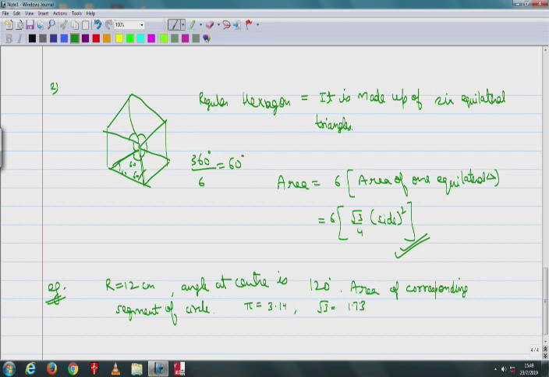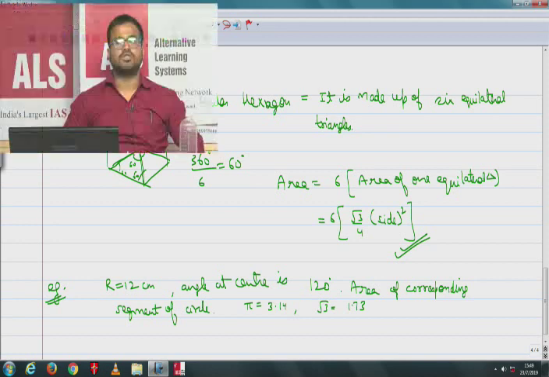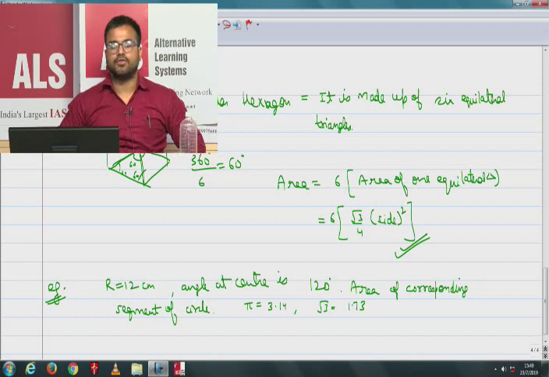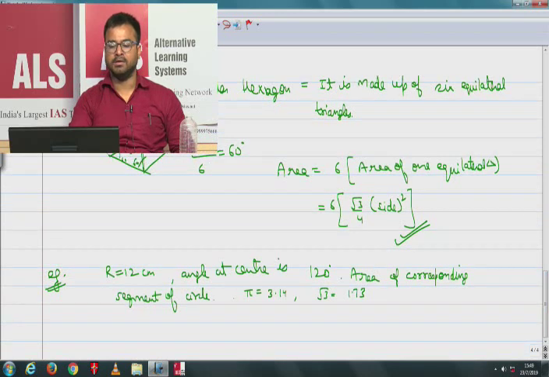So there is a circle and the radius of the circle is 12, and from 2 points the angle subtended at the center is going to be 120 degrees. So you have to figure out the corresponding area of the segment. It will be like this. So this angle is given, so you have to find the area for this shaded region.